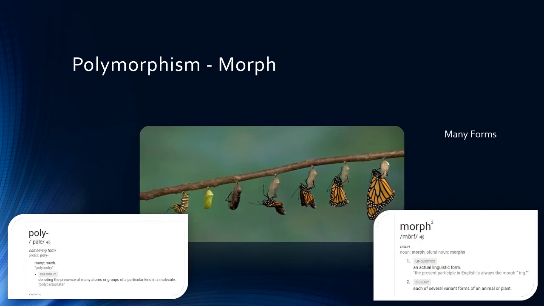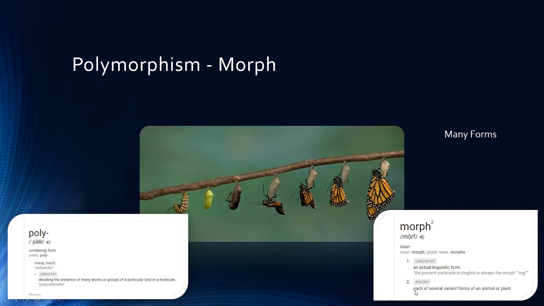Polymorphism. We've got a little bit of dictionary.com action here. First of all, what in the world is polymorphism? Well, I have a butterfly here evolving, and I wanted you to think about where this word comes from, because it can be kind of a big word. First of all, to morph.